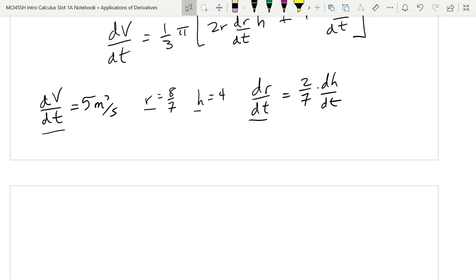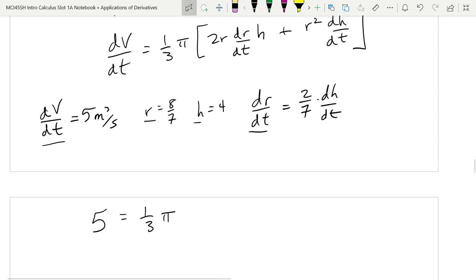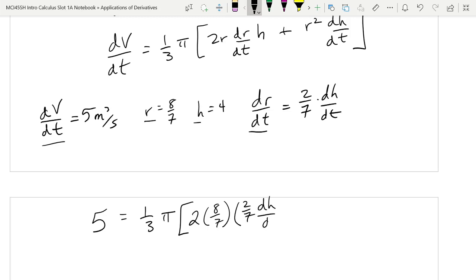So the left-hand side of the equation becomes this 5, 1/3 pi. The 2 times r can become 2 times 8/7. dr by dh can be replaced by 2/7 dh by dt.